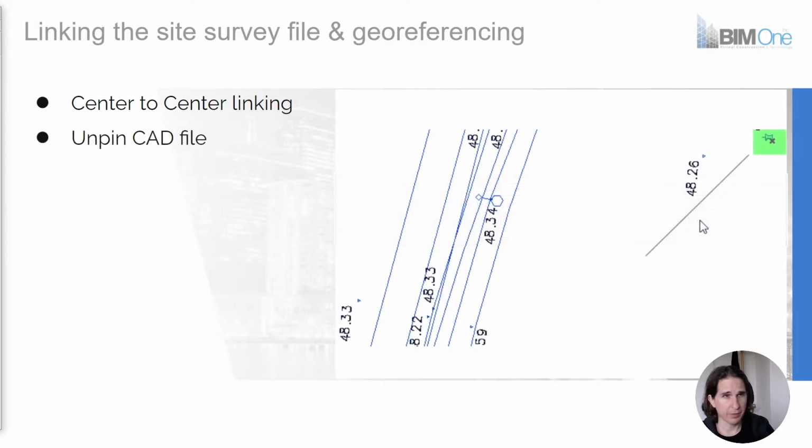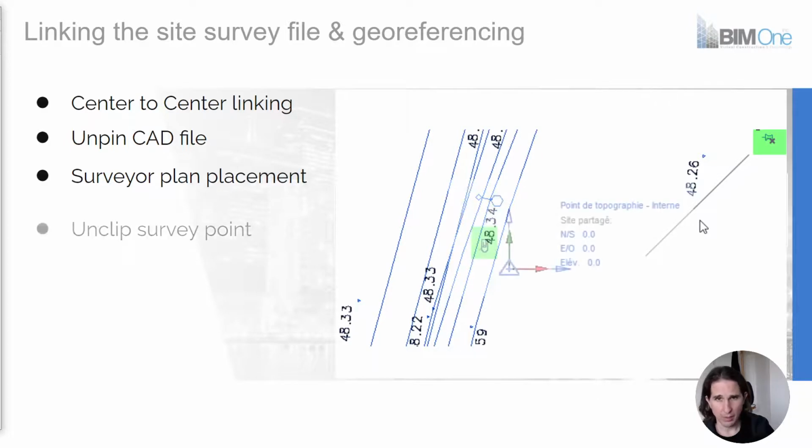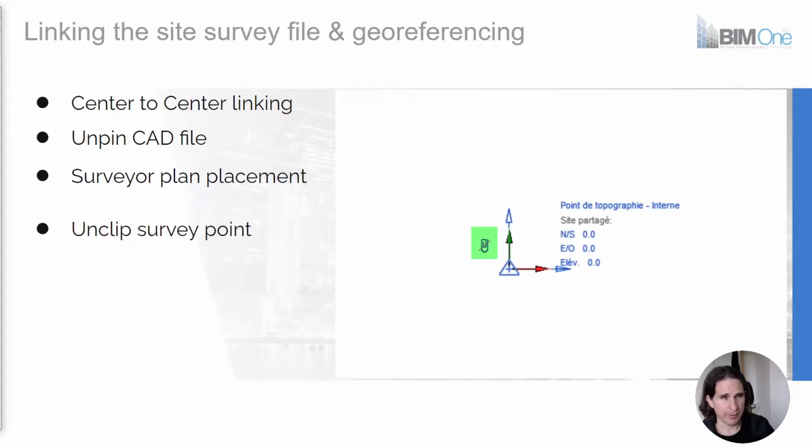From there, you unpin the CAD, then move the CAD and position it, matching the geodetic marker in the CAD file with the place where you want it in your master file, which would be the internal origin and the survey point right now. You also want to unpin the survey point, otherwise it will remain hooked to the origin of Earth, and you would end up far from the other elements of the models after you do your geo-referencing. So remember to unclip it. That's a better practice.